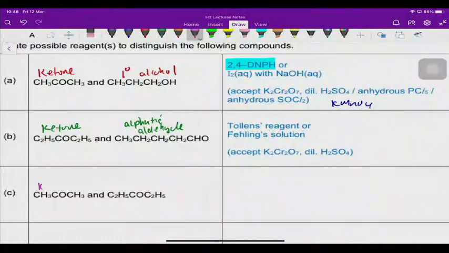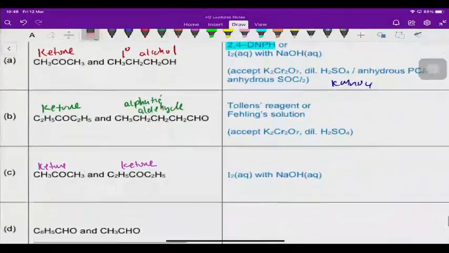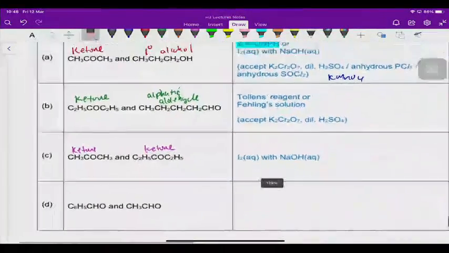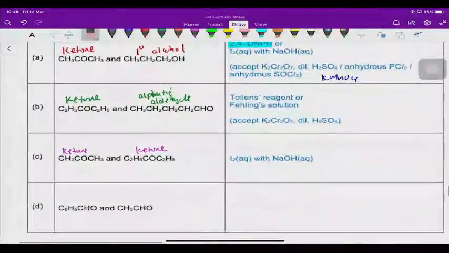Then the next thing is ketone versus ketone. If it's a case like this, usually one of them can undergo iodoform. The other one.